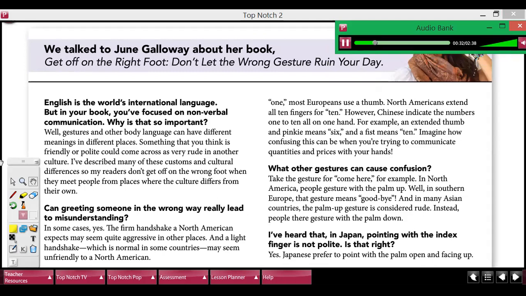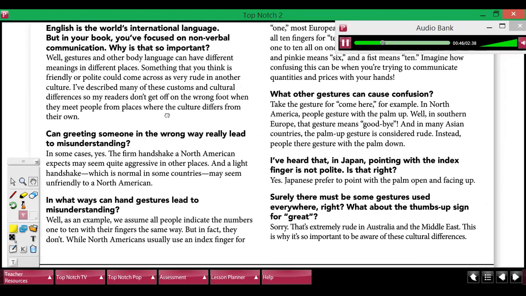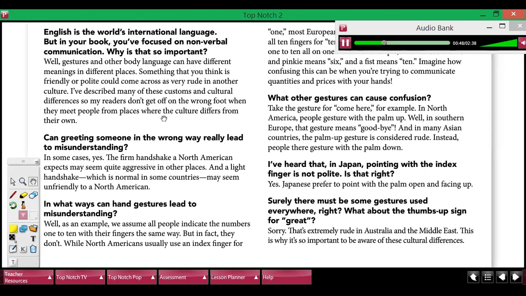I've described many of these customs and cultural differences so my readers don't get off on the wrong foot when they meet people from places where the culture differs from their own. Can greeting someone in the wrong way really lead to misunderstanding? In some cases, yes. The firm handshake a North American expects may seem quite aggressive in other places. And a light handshake, which is normal in some countries, may seem unfriendly to a North American. In what ways can hand gestures lead to misunderstanding?